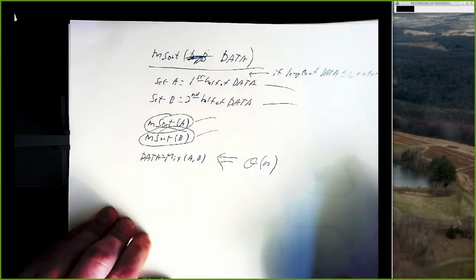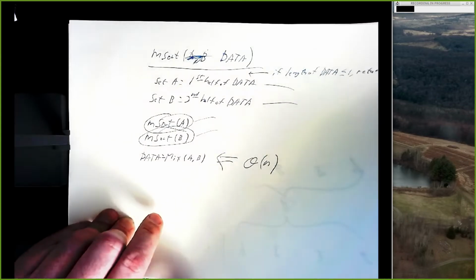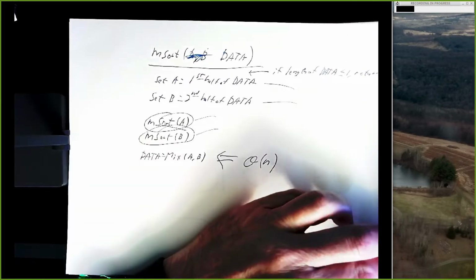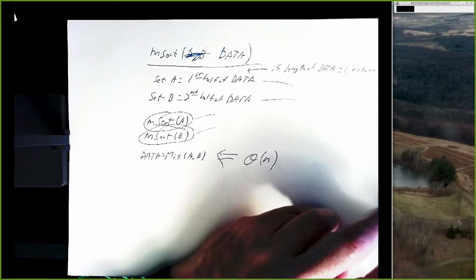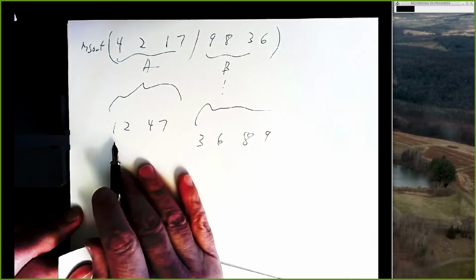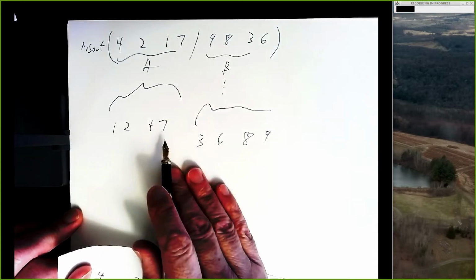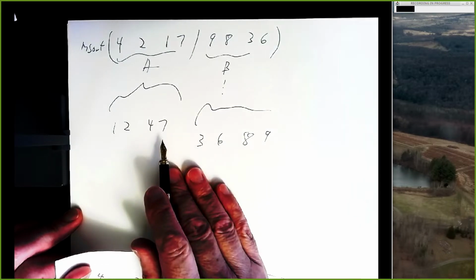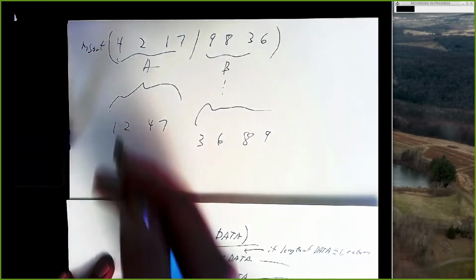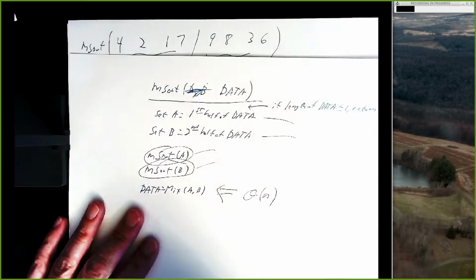Well, each time that we call msort, we're calling it on an array of data that's half the size of the original. So if we started with msort of 8 items, we have to make a pair of calls to msort of 4 items. And so each time we call msort, our data gets split in half.